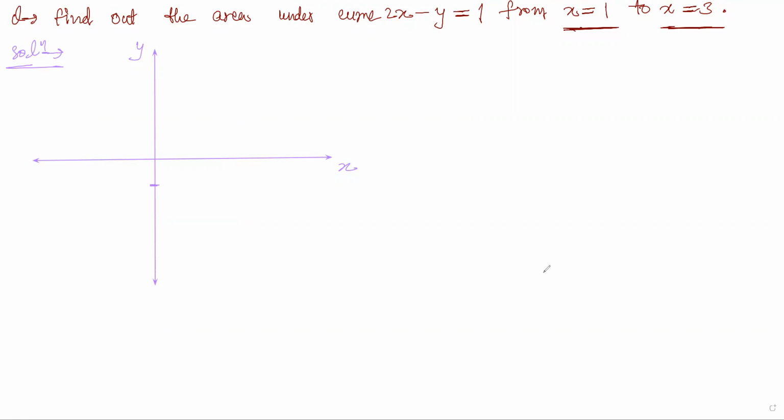Yeah, 2, 3 is also fine, but I would rather solve for y equals 0. If I put y as 0, I get x as half. So let's say this is 1, and my line will be passing through this point.